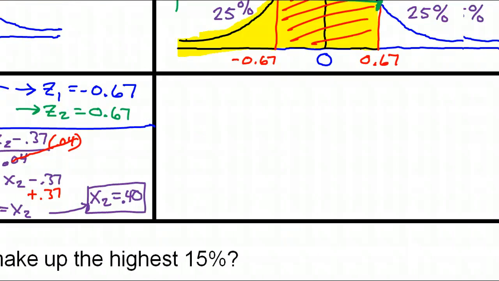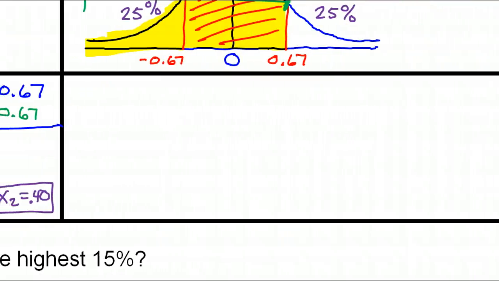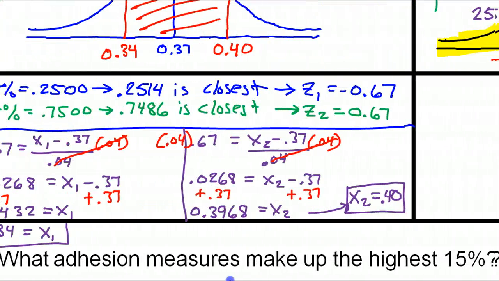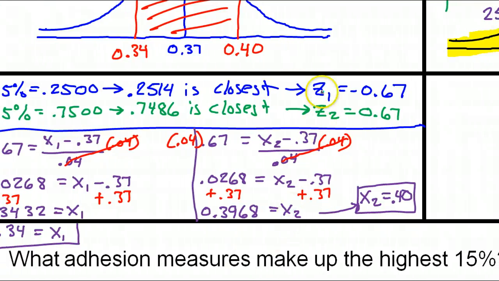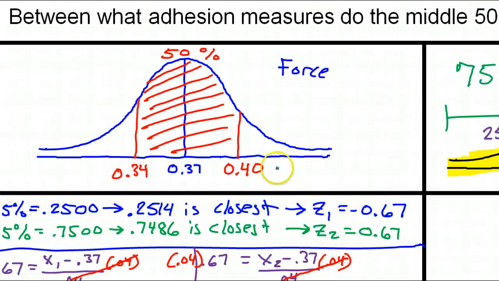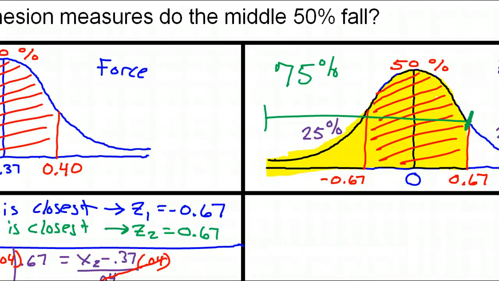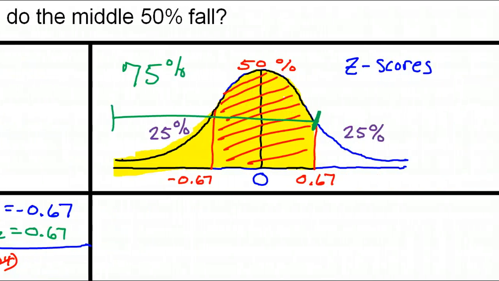Because of my extra explanations, that problem took a long time to do, but it's really because I was talking so much. Extra knowledge. So time for the summary sentence. Between what adhesion measures do the middle 50% fall?